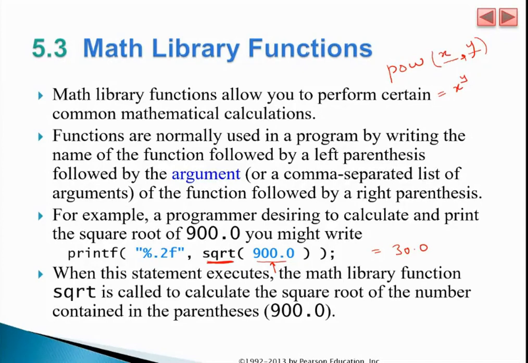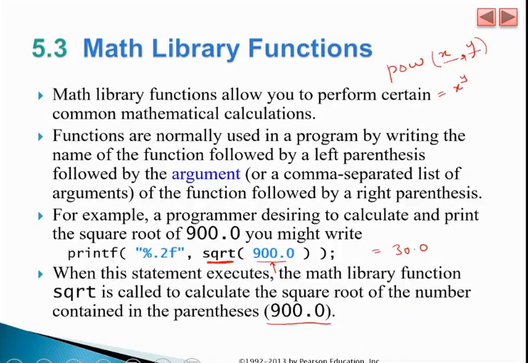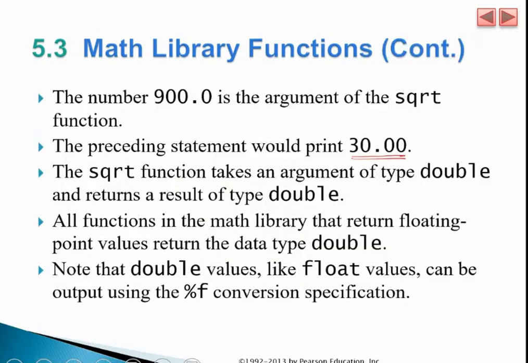The argument is inside the parentheses, and we can use this function call anywhere in our program. So for 900, it will return 30.00 actually, because we have done some string formatting to print up to 2 decimals of the number, right?